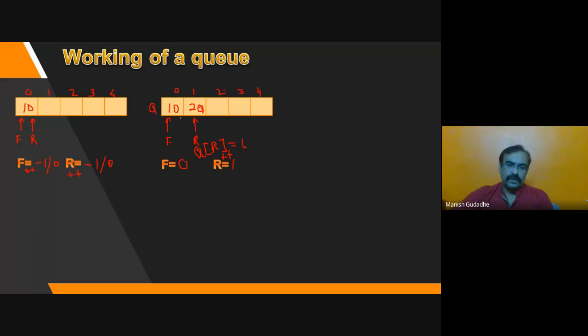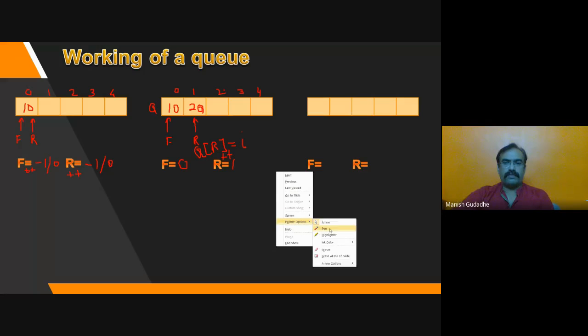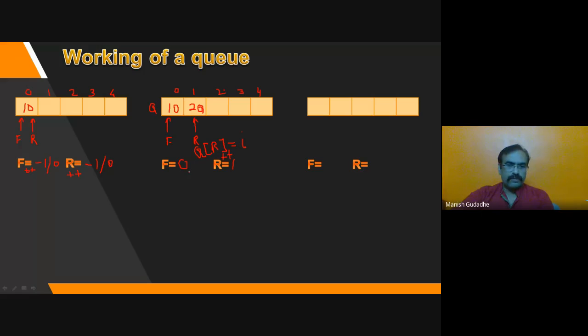Now 10 is the first element of Q, 20 is the last element of Q. Fine. Let us say one more case. Now at this moment we have F equal to 0, R equal to 1. Now there are two elements, 10 and 20, at the first and second positions, or 0th.